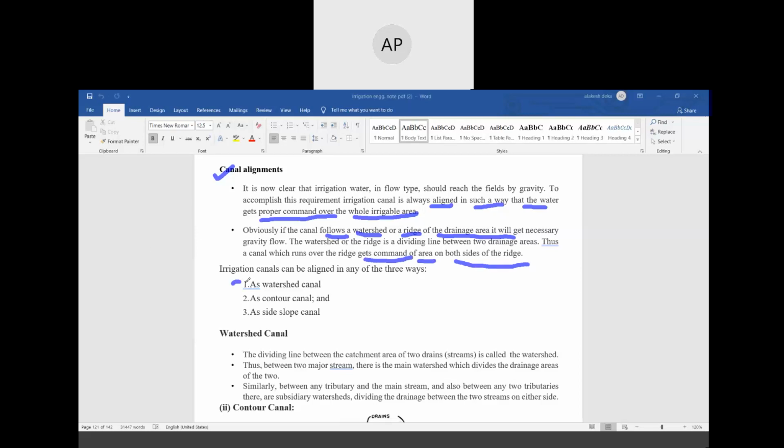So, an irrigation canal can be aligned in three ways: as a watershed canal, as a contour canal, and as a side slope canal. Okay, these are the three ways alignment of a canal is done. So, what is a watershed canal? What is a watershed actually?